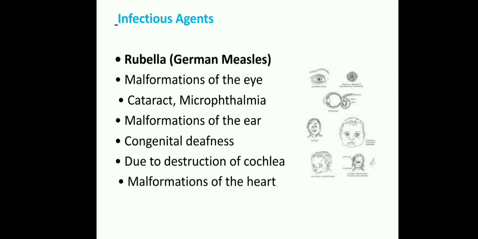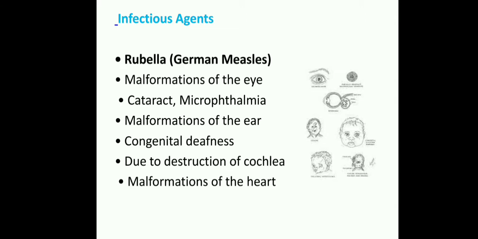First is rubella: when the mother is suffering with rubella, the baby automatically suffers malformations of the eye, that is cataract, microphthalmia, malformation of the ears, congenital deafness due to the destruction of the cochlea, and malformations of the heart.